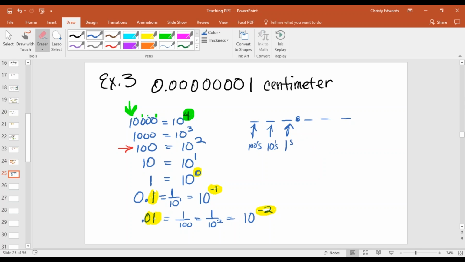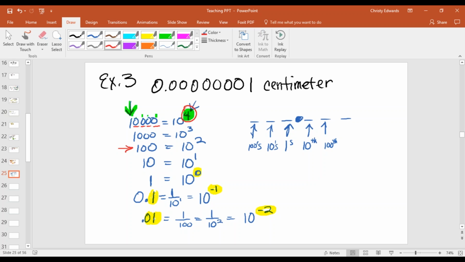tenths, and then there's the hundredths. So you don't have that extra little, I know oneths would be very hard to say. So you have this little padding on the left where your power on tens is, if you look at where the first place is, then you count how many places are after it.